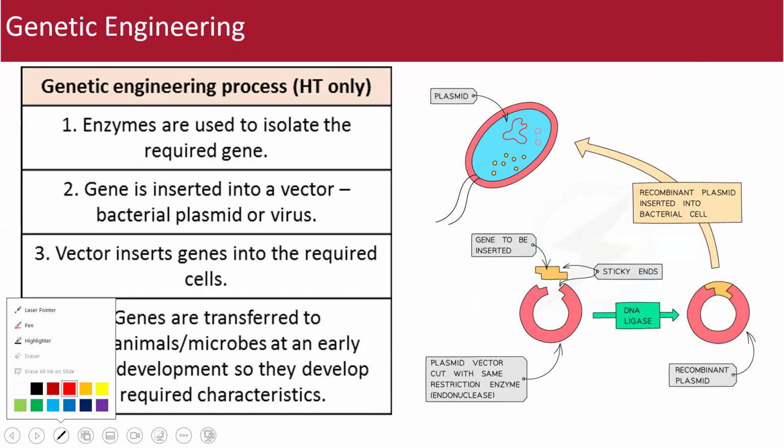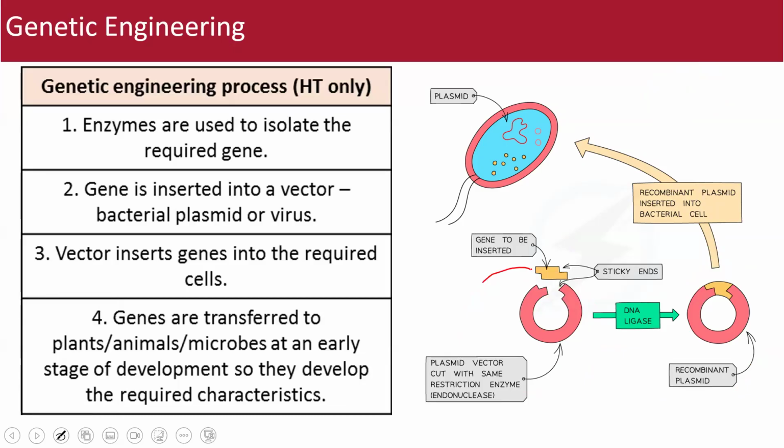They insert the genes from a human that says, make insulin. Then they fix it in place with DNA ligase. That is then called recombinant plasmid. You then put it back into a bacteria.